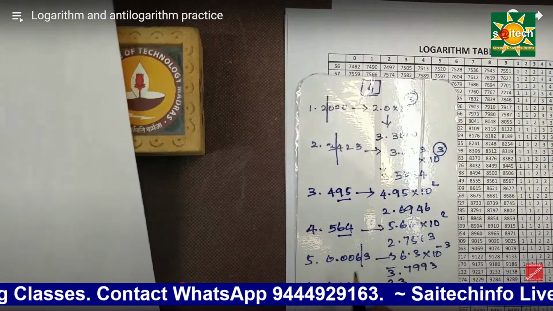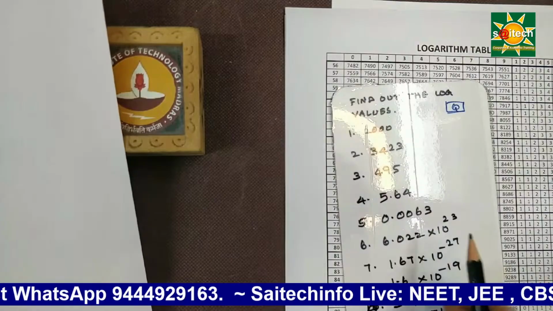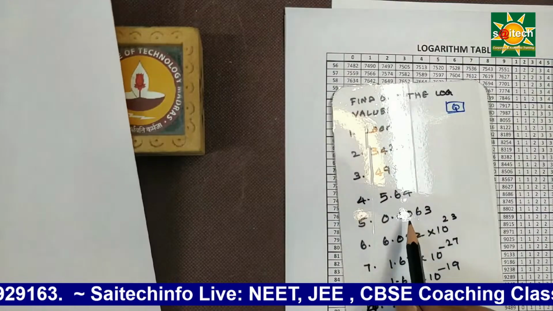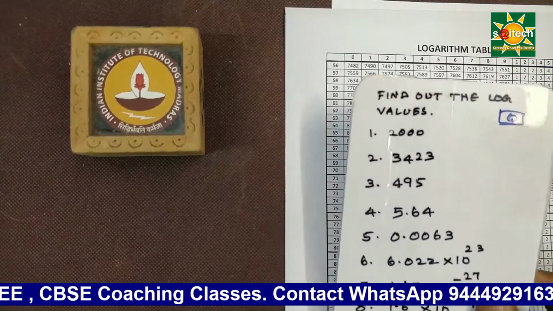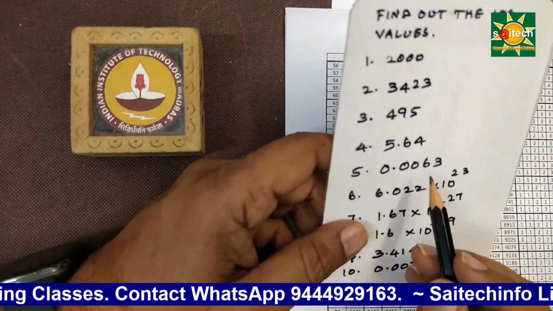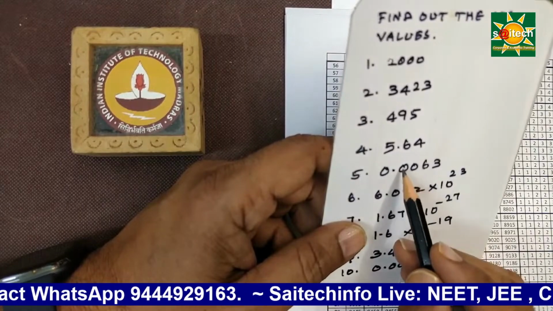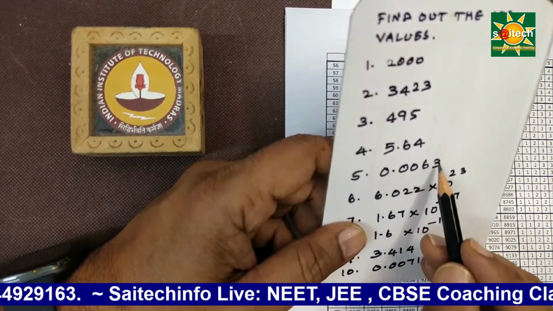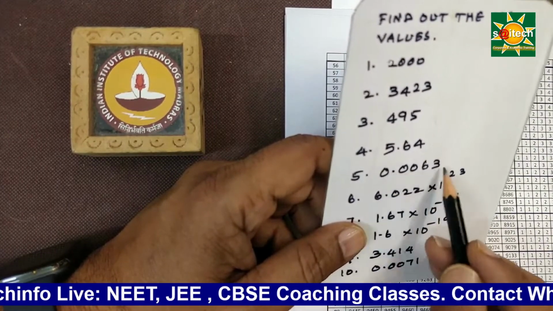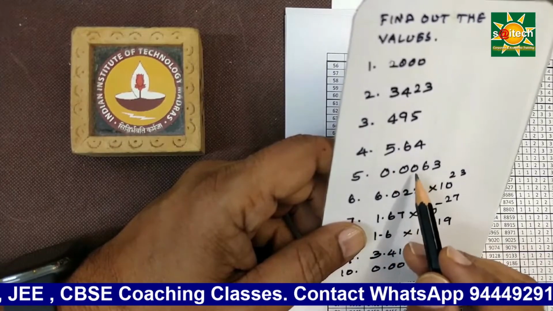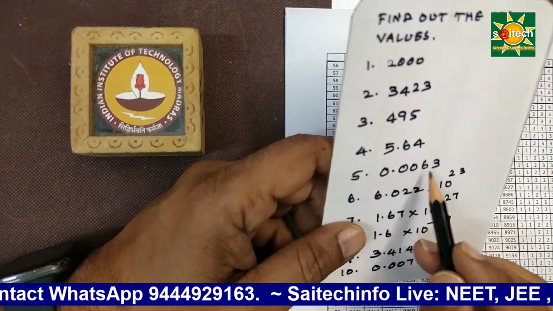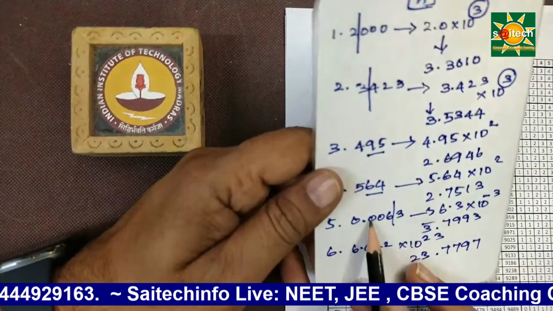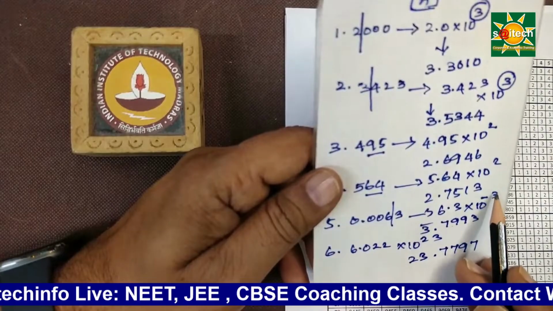And similarly, if it is 0.0063, there are 2 zeros after the decimal point, and you have to consider only 63. So what you are supposed to do is take the scientific notation, which is 6.3 into 10 power minus 3.